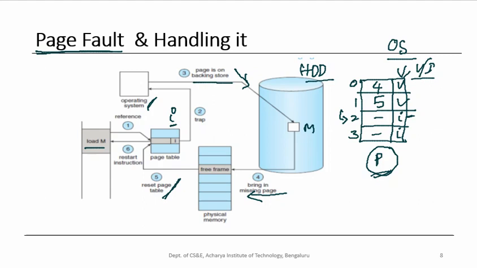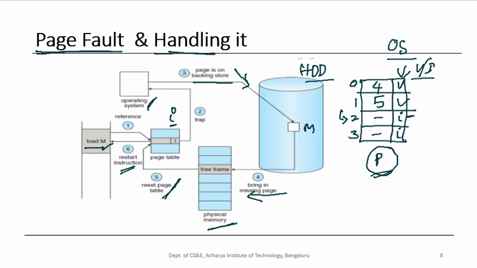After that, the page table is updated, which is the fifth step. Once the page table is updated, we restart the execution of this instruction, because now that page is loaded into the main memory. So this is how we handle the page fault.